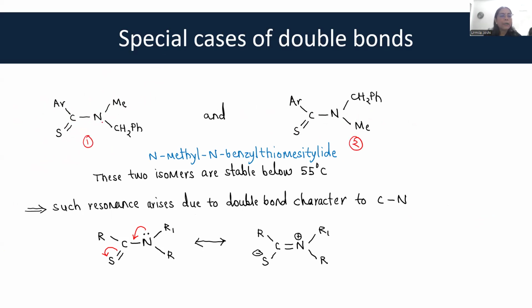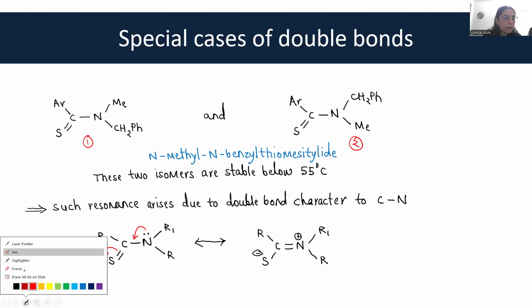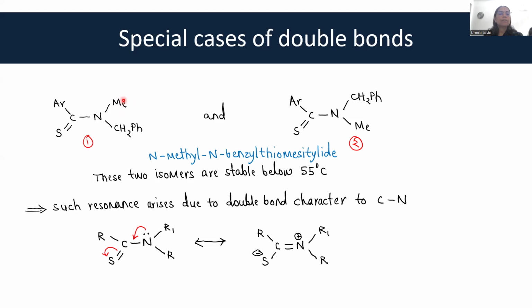What is the change? Only the substituents which are attached to nitrogen are exchanged. Methyl was on the top, here it has come to the bottom, and vice versa. This benzyl group was at the bottom, it has gone to the top.